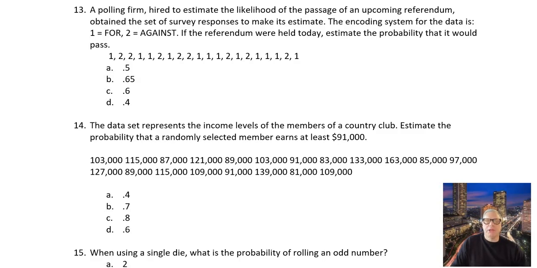So the 20 people were surveyed. How many said 4? That's the 1. 1, 2, 3, 4, 5, 6, 7, 8, 9, 10, 11, 12, which is the same as 6 over 10 or 60%.